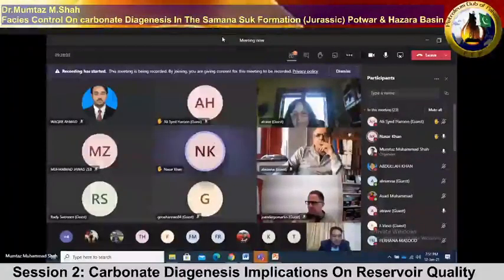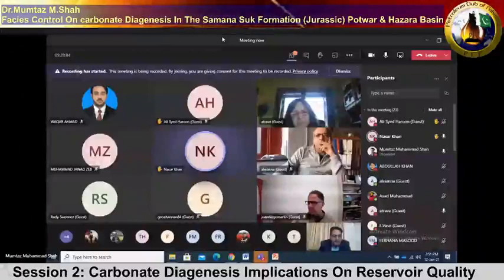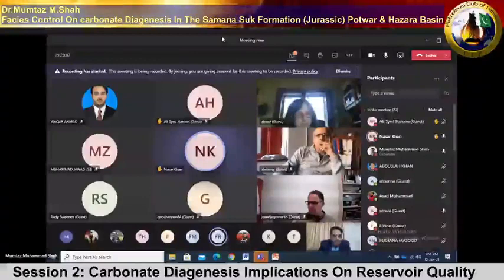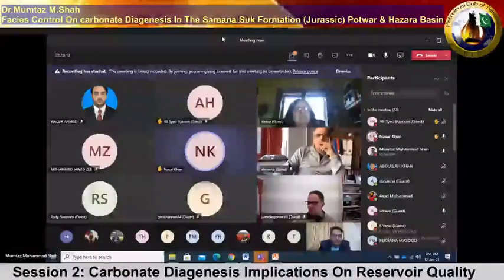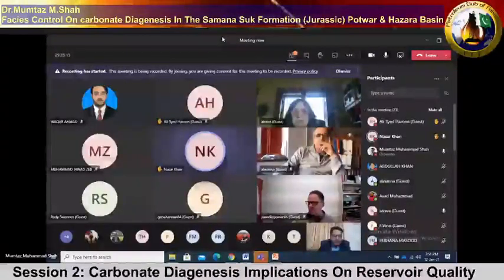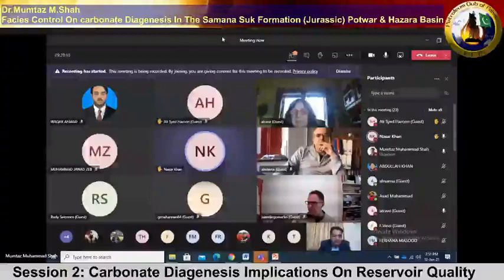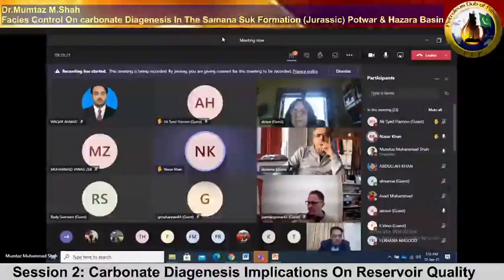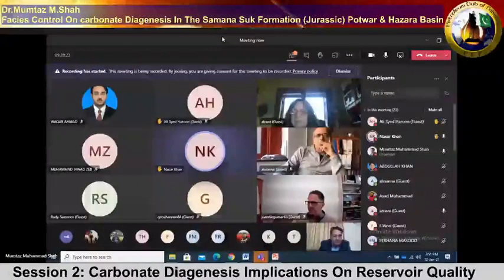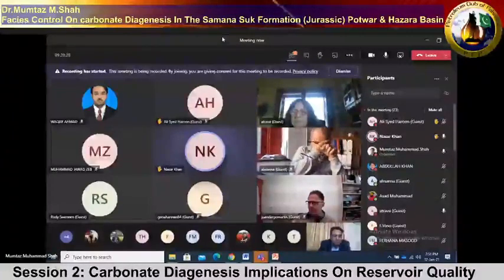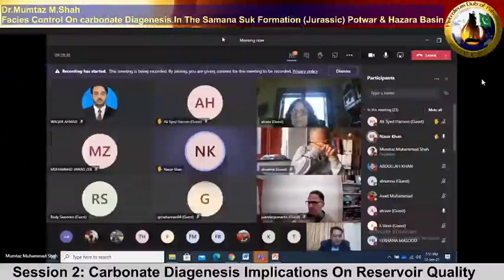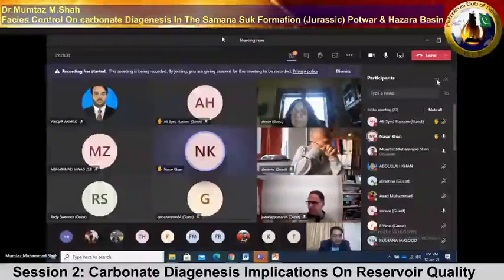Okay, and one thing more, that generally we have much more dolomitization in the Jurassic Samana Suk formation, but normally we don't have such dolomitized bodies in the overlying Cretaceous Kawagarh formation. So is there any reason why we have more dolomitization in the Jurassic Samana Suk formation while less in the overlying Cretaceous Kawagarh formation?